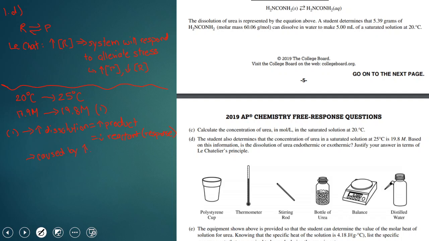So this could be caused by an increase in the reactant. But in this case, because we can treat temperature as either a reactant or a product, we already know that what actually increased here is not necessarily the concentration of the reactant, but the temperature.